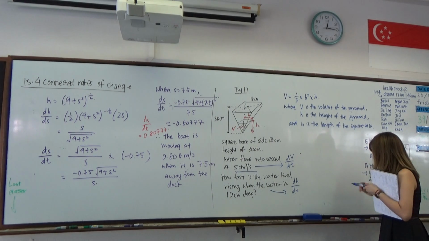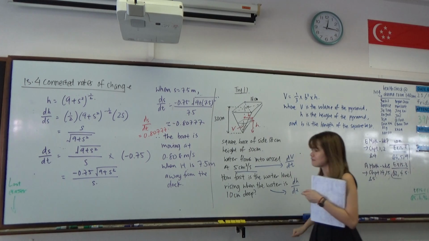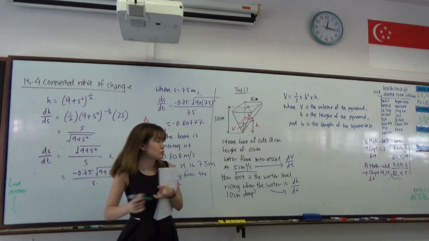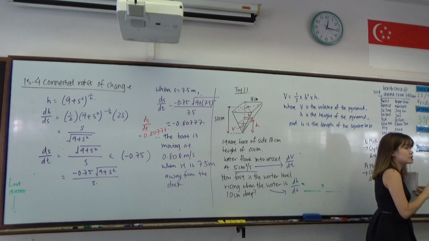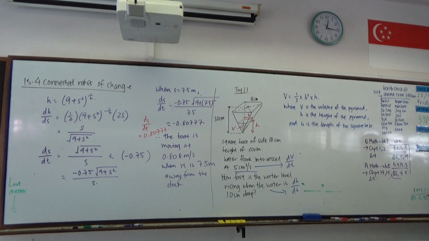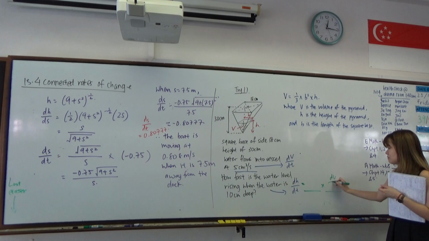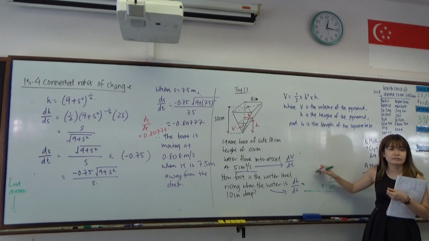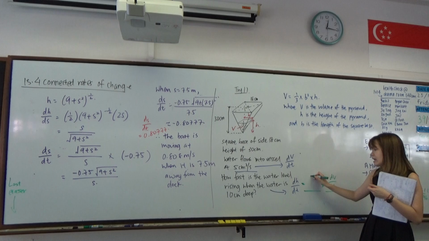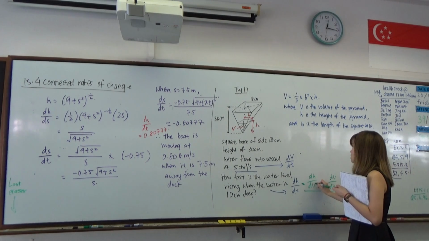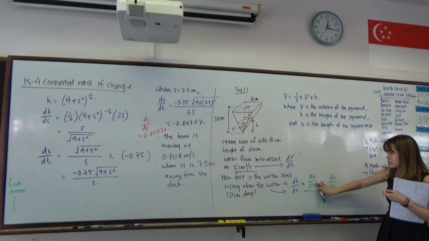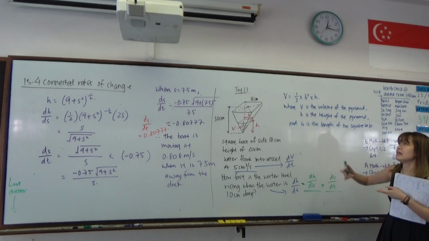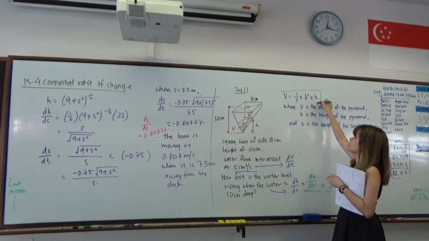So how should we have our two parts to solve this? What are the two things that we will be using to multiply? We will definitely need a dV over dt over here. What will be here? dH over dV. But dH over dV means that I will need dV over dH, since this is going to be our formula.